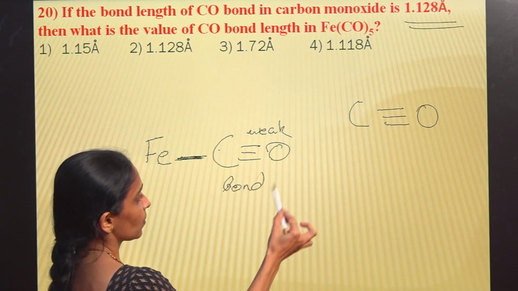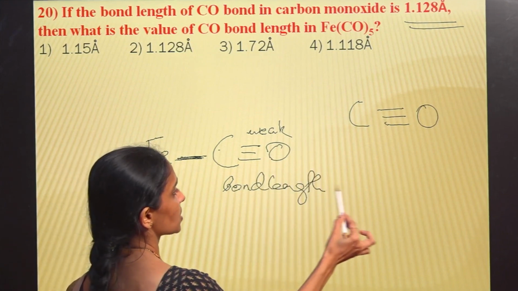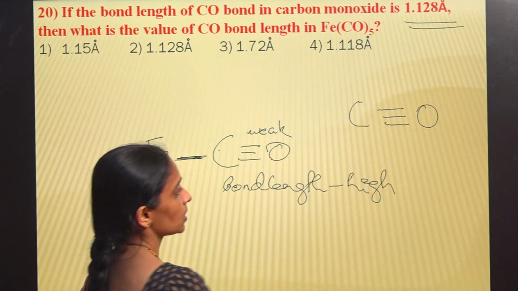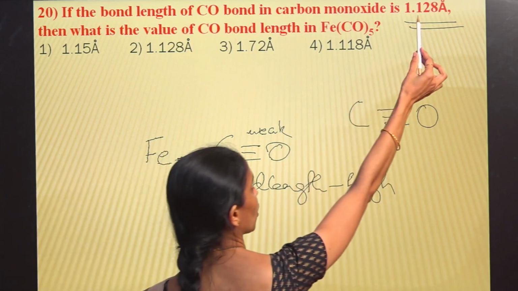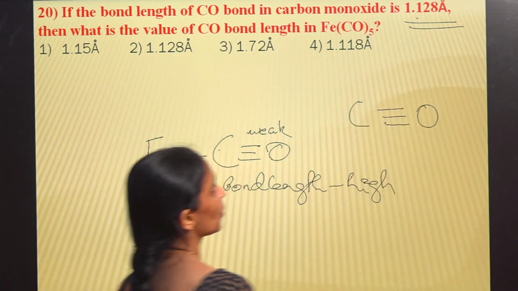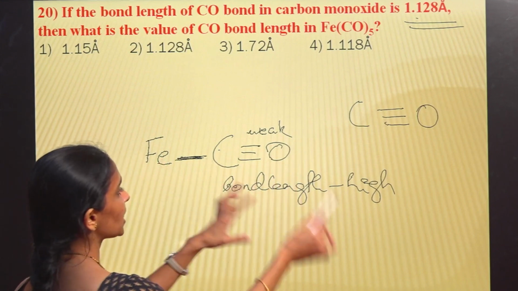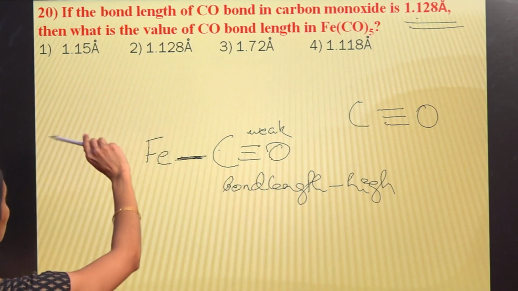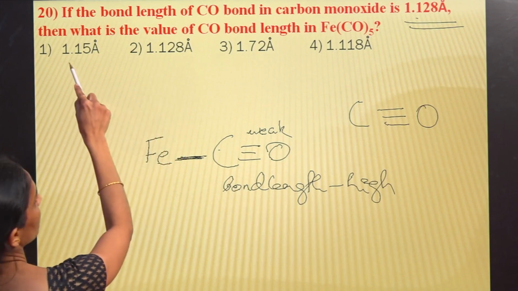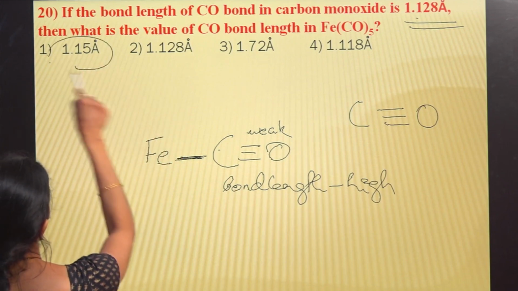and whenever the interaction becomes weak, the bond length becomes more. Bond length value becomes higher than the normal. What is the normal bond length? The triple bond length is 1.128 angstrom. Now in metal carbonyl this value should be more. That means this is the answer.